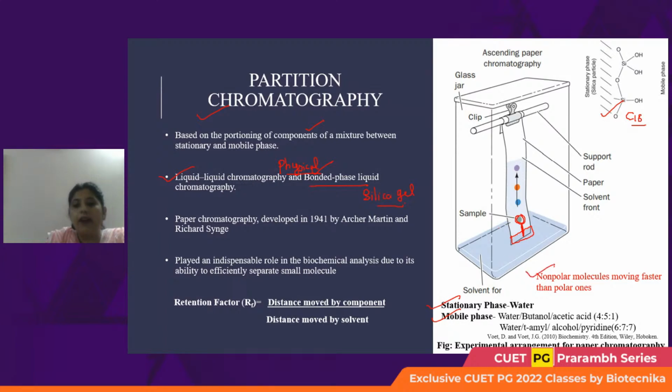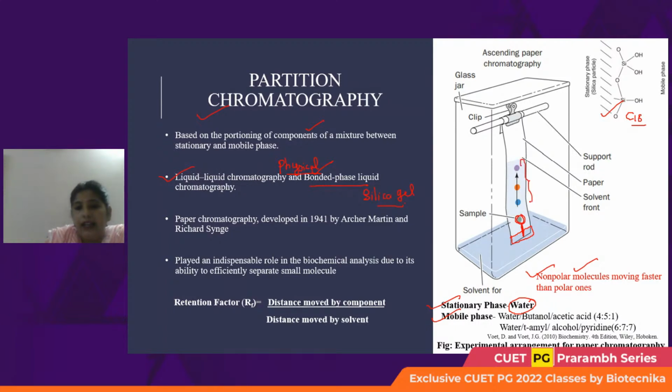Always remember, non-polar molecules will move faster than polar ones. Why? Because here your stationary phase is polar. So polar components in your mixture will interact more with the stationary phase, so they will move slowly. But non-polar molecules, as they are distributed more in the mobile phase, will be separated faster.